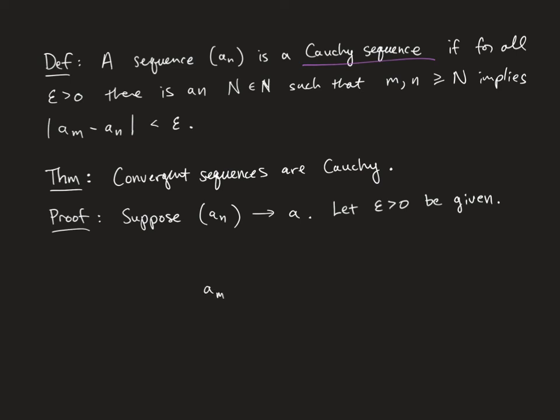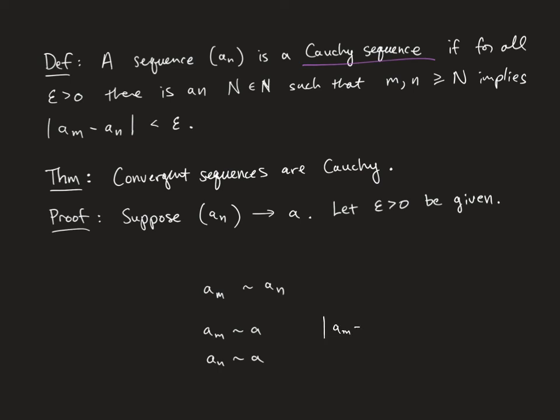I want a_m to be close to a_n, and what I have is that my sequence is converging to A. After some point in the sequence, a_m should be close to A, and a_n should also be close to A. So by transitivity, if a_m is close to A, and A is close to a_n, then a_m should be close to a_n. To deal with this, we can use the triangle inequality.